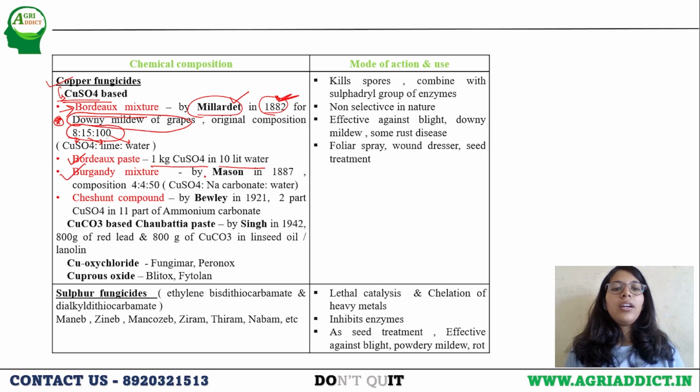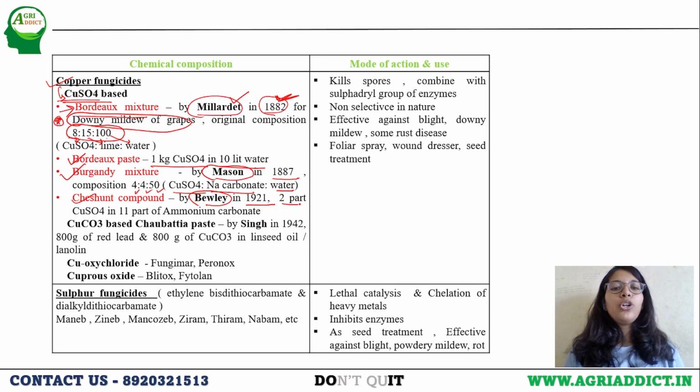Burgundy mixture. It was first discovered by Mason in the year 1887, and its composition is 4:4:50, that is copper sulfate with 4 parts of sodium carbonate and 50 parts of water. Chestnut compound. It was discovered by Bewley in the year 1921.